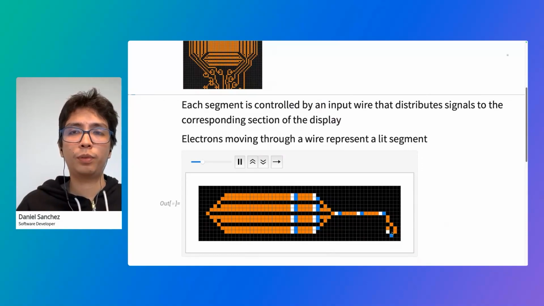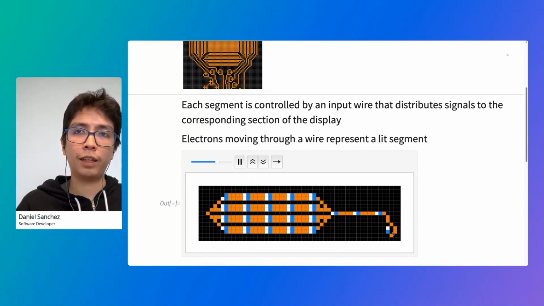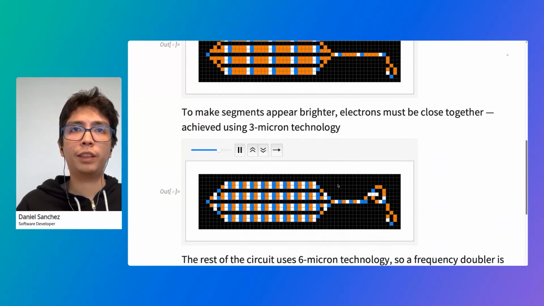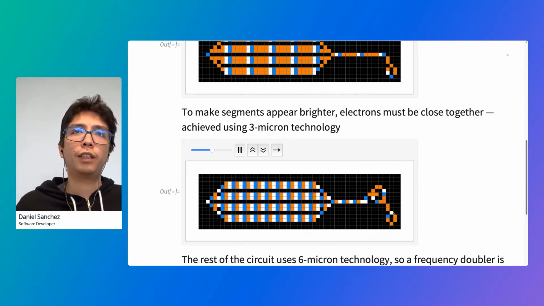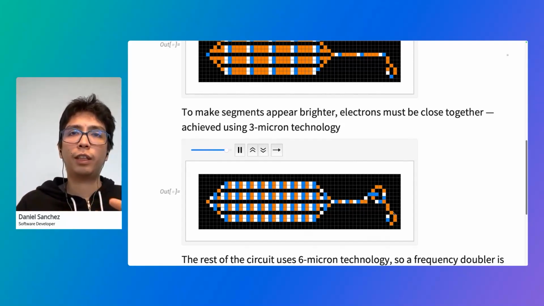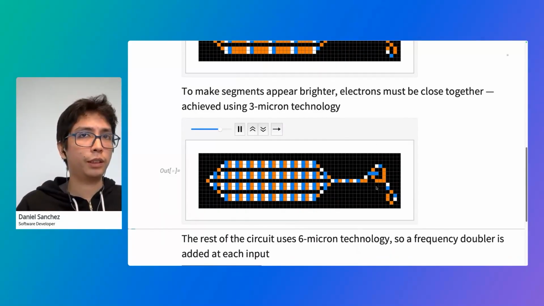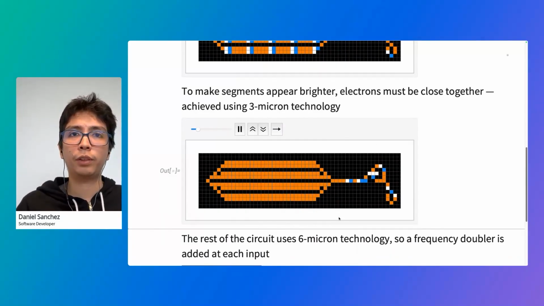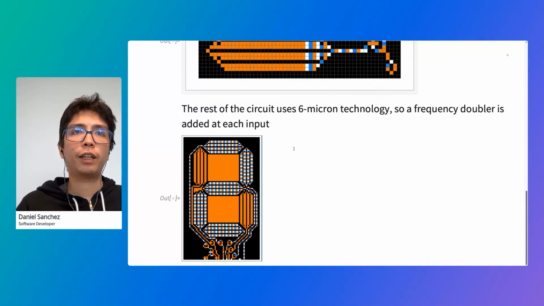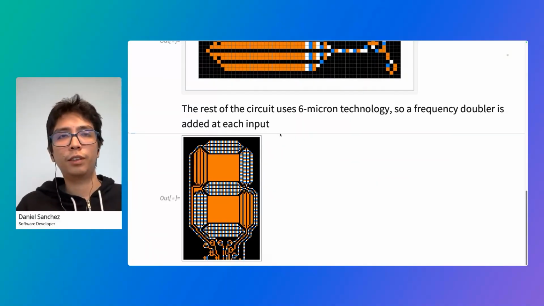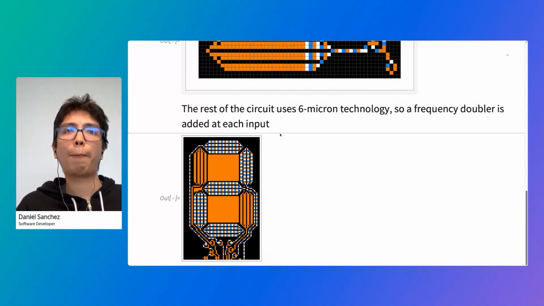This is a loop of length 6, so it follows the 6-micron technology. But we can add a frequency doubler so that the electrons are closely together, so it appears more bright. I haven't talked about this, but it's simple how it works. That way we can have a digit being shown on this display.